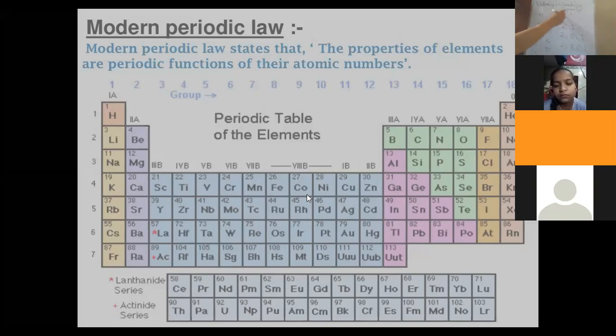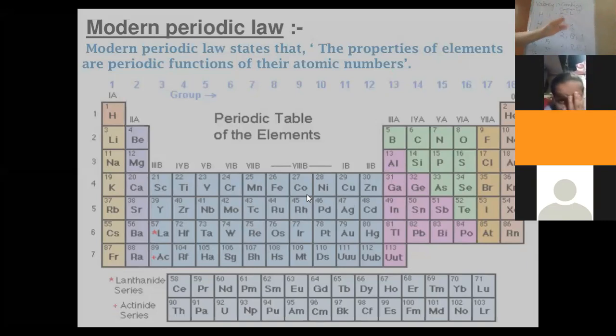From this we can conclude that when we move in a group, the valence electron remains the same, and it is the valence electron only which will determine the valency.